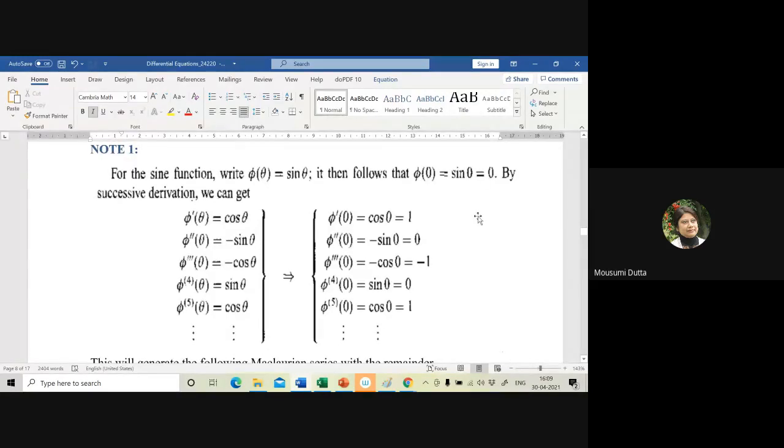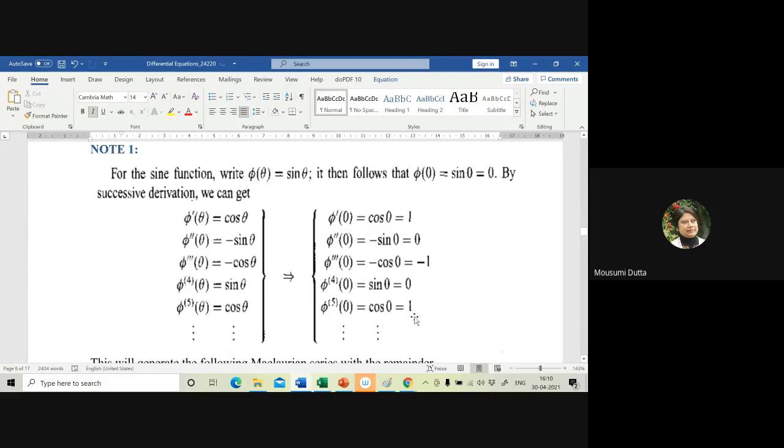Now I am setting theta equal to 0. As I mentioned, sine 0 is equal to 0. Phi prime 0, that means cos 0, is equal to 1. Second derivative, minus sine 0, is equal to 0. Third derivative, minus cos 0, is equal to minus 1. Then 0, then 1.